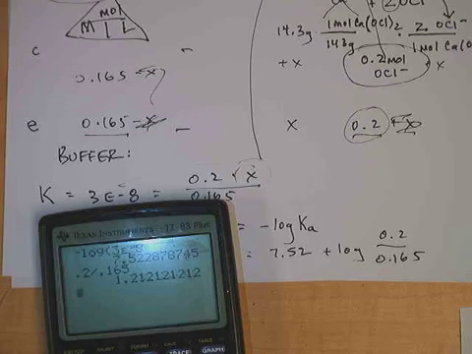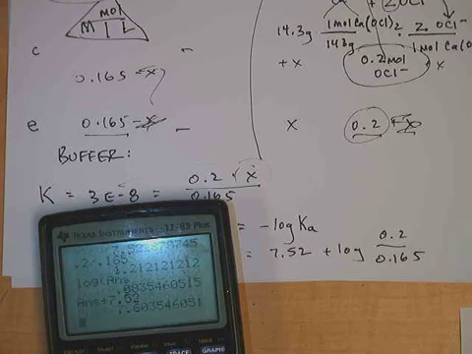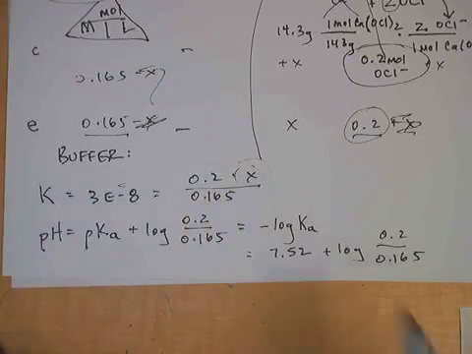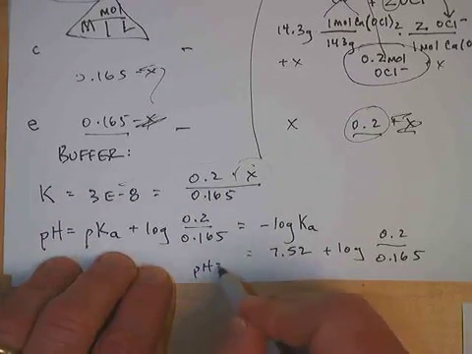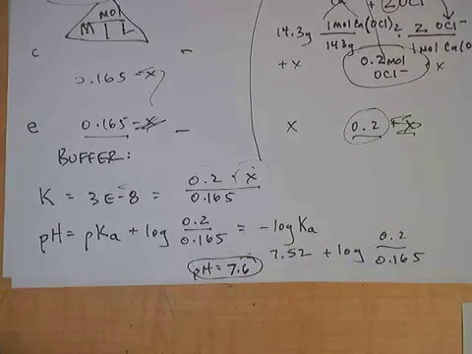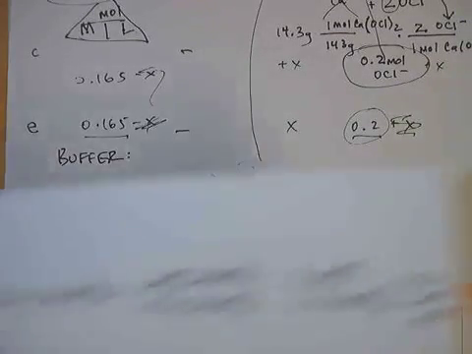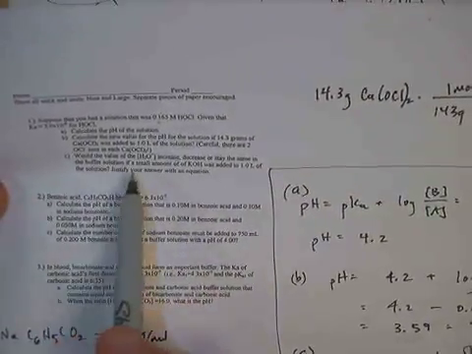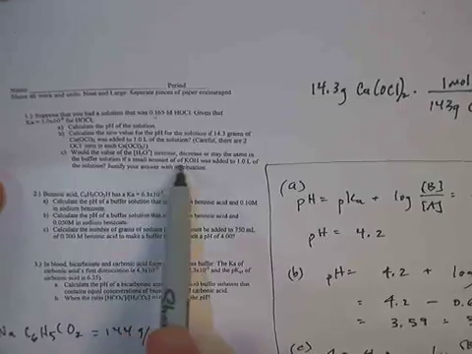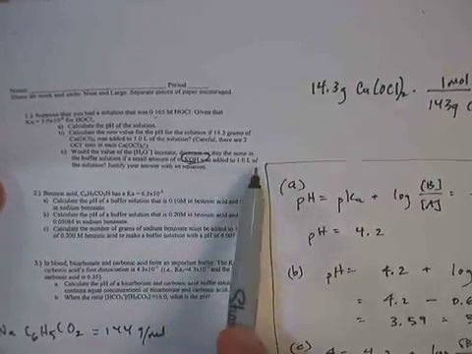So do this part on your calculator first, 0.2 divided by 0.165. I end up with that number, and then take the logarithm of that. So log of second answer, and then add that to the 7.52, and I find out that my pH is equal to 7.6. So pH of this buffer solution is equal to 7.6.